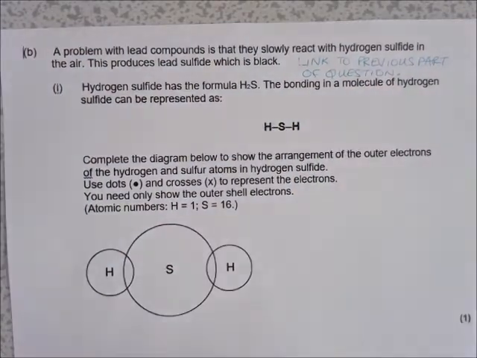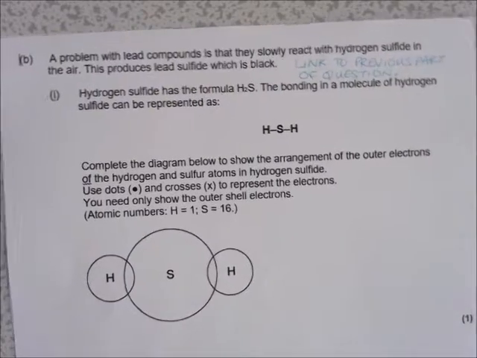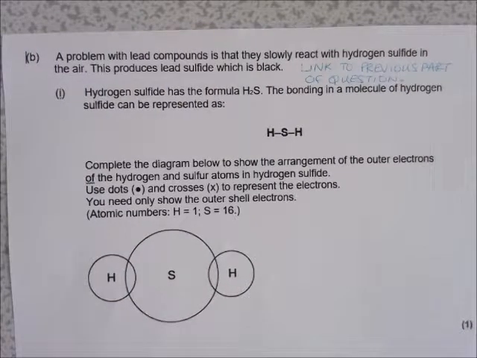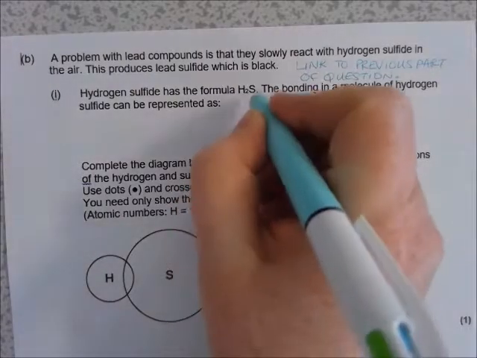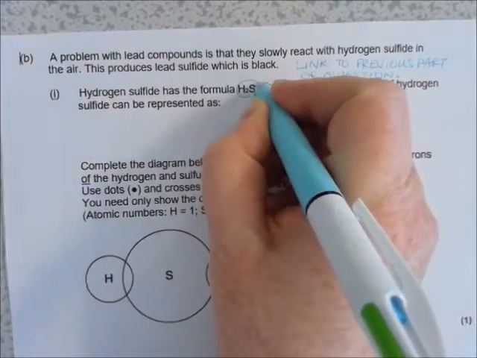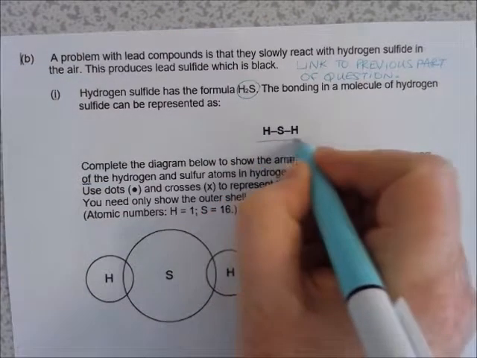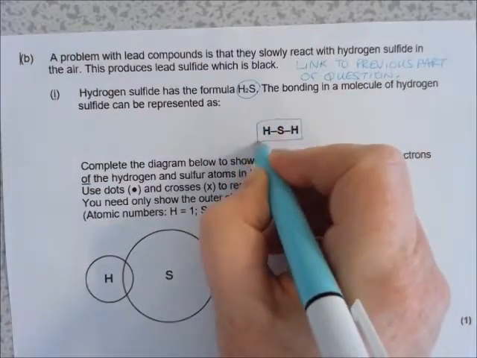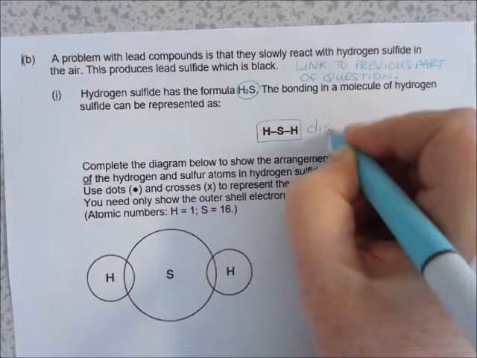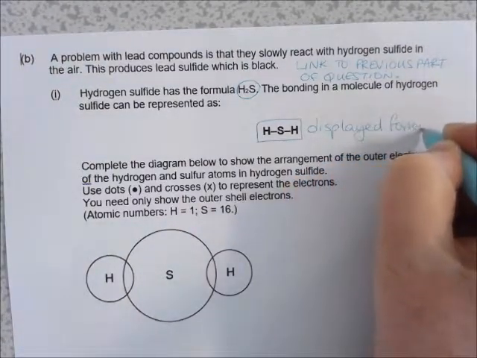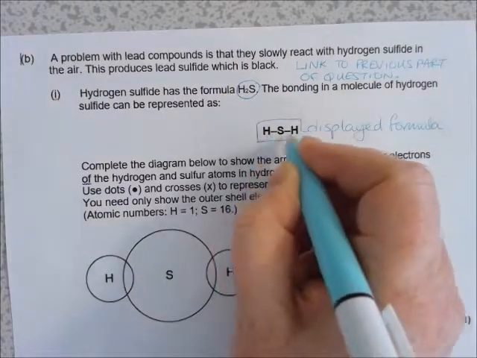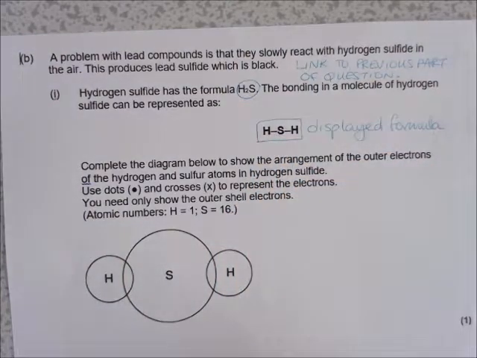Okay, in this example, not very much additional help given to how you have to do it. They then give you some information including the formula and a displayed formula, which is quite useful because it shows that this chemical has 2 single bonds.